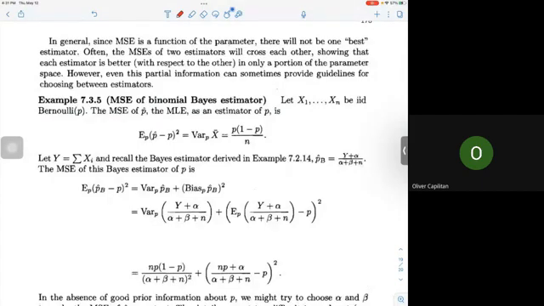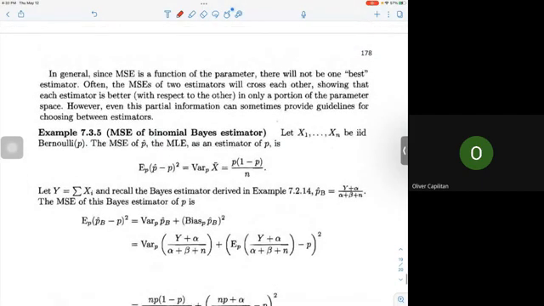We have another example here in which we have two MSEs, the mean squared errors of our two estimators. In some parameter space, one estimator is better compared to the other. Say, the first estimator is better than the second estimator.